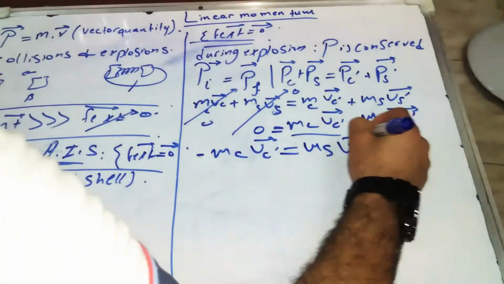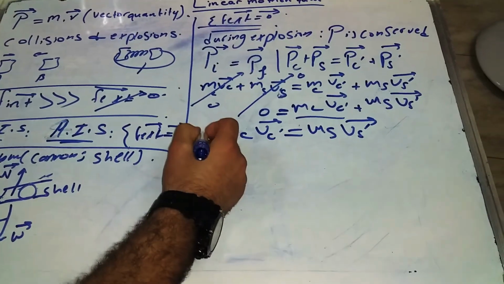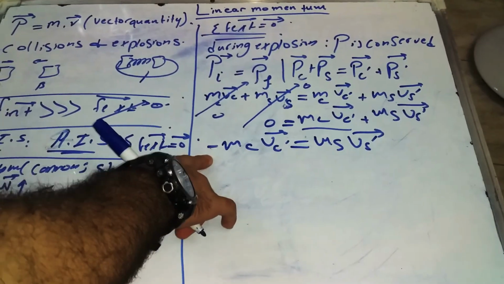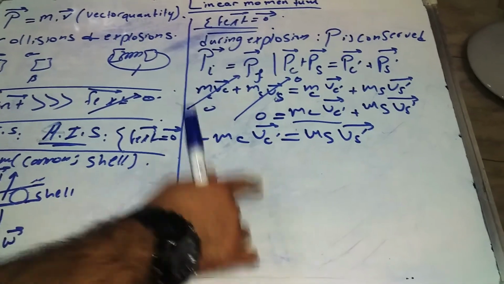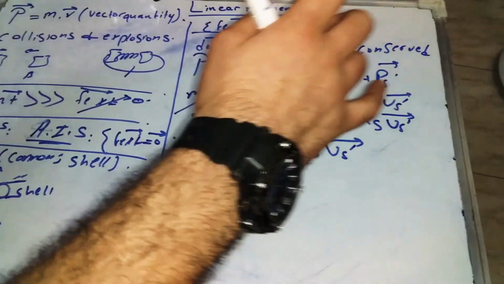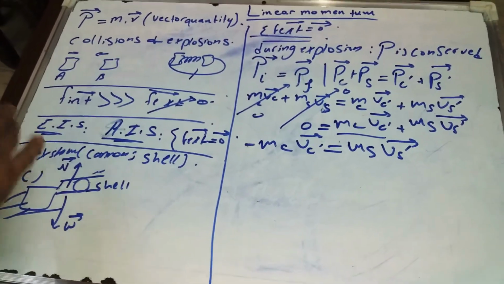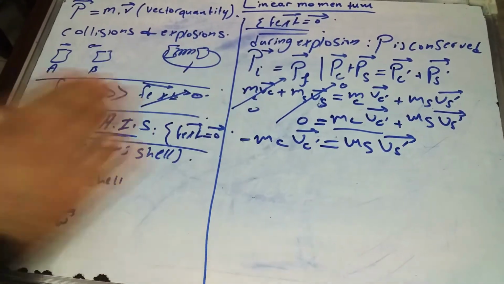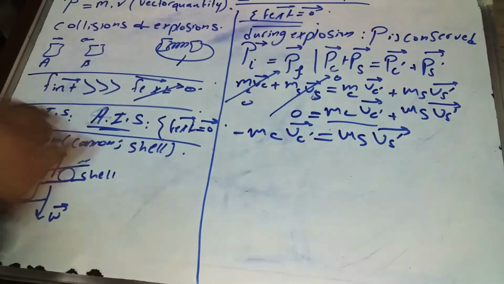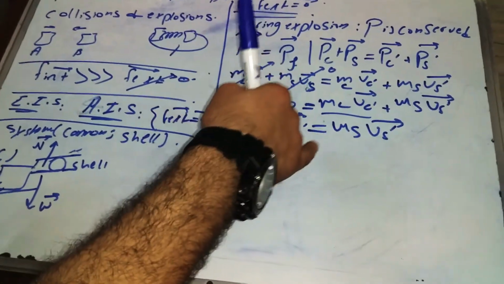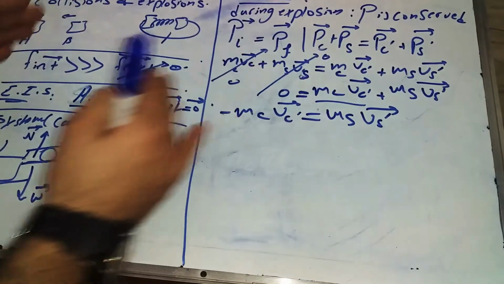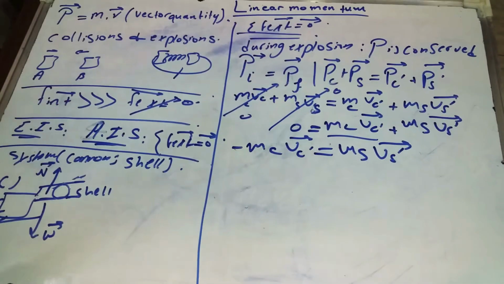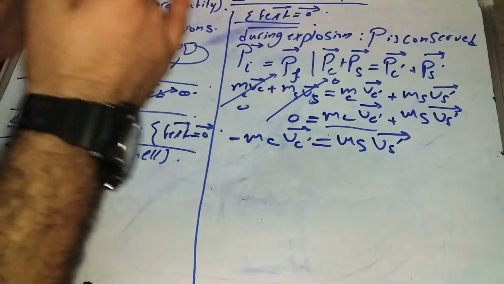The negative sign here reveals that the two objects, the cannon and the shell, are heading in opposite directions. So this negative sign justifies the fact that the cannon recoils back after the explosion.